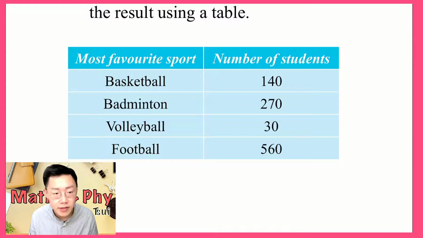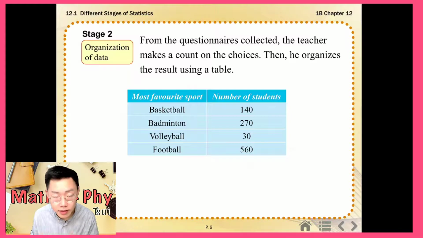On the left hand side we write down the most favorite sport, and on the right hand side the corresponding numbers of students. For example, basketball is 140, badminton is 270. This is the organization of data, that means 組織數據.